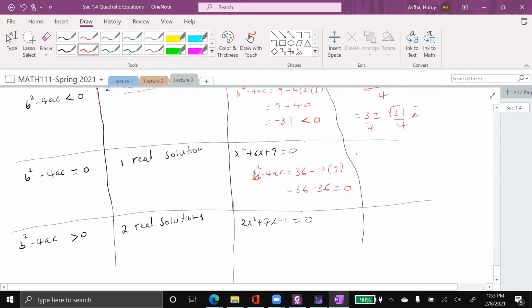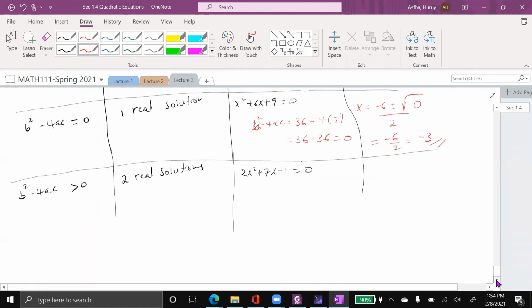And using the quadratic formula, the solution becomes minus b, which is negative 6, plus or minus root of b squared minus 4ac, b squared minus 4ac is 0, over 2 times a, which is just 2. And now since this is 0, we just have negative 6 over 2, which is negative 3. And as you can see, the solution to this one is just one real number, which is negative 3.